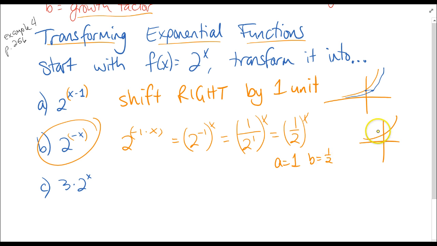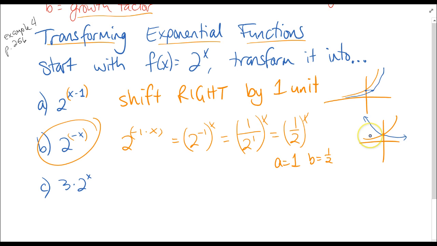So that means that we're actually going to still go through this point when x is 0, my initial value right here, that's the y value that I care about, which is 1. But with my base as a fraction, that means it's going to be decreasing. And so I actually end up with the graph reflecting over the y-axis. Wow, okay. Now, hopefully that was logical to you.